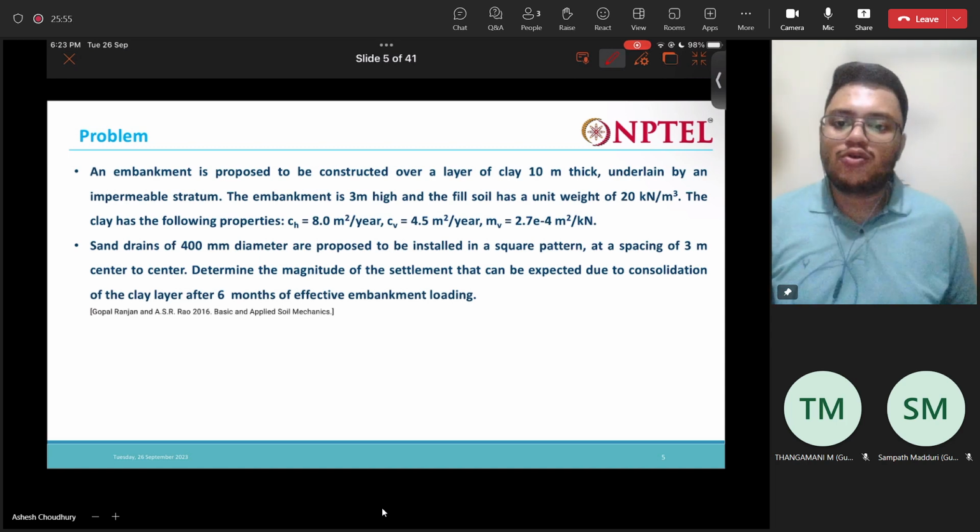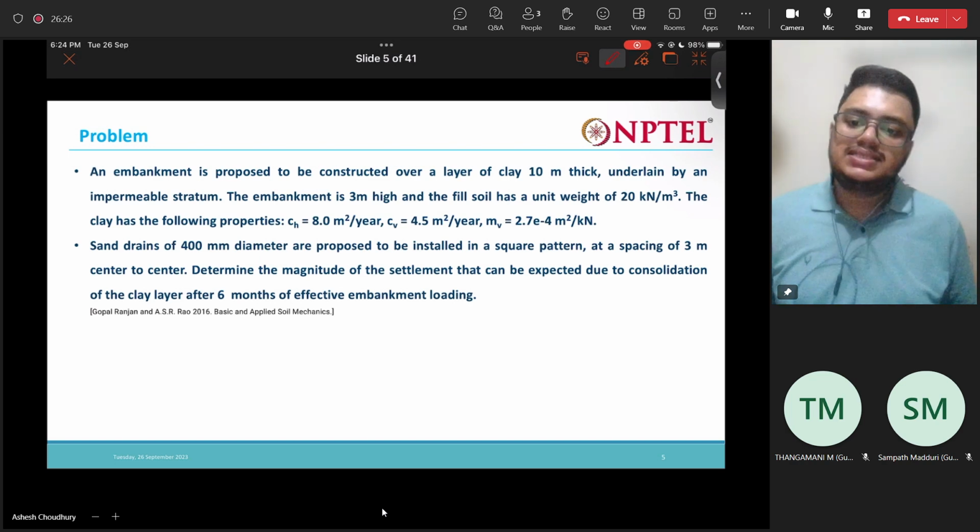The clay has the following properties: the horizontal coefficient of consolidation and the vertical coefficient of consolidation are known, and the coefficient of volume compressibility is also given to us. Sand drains of 400 mm diameter are proposed to be installed in a square pattern at a spacing of 3 meters center to center.